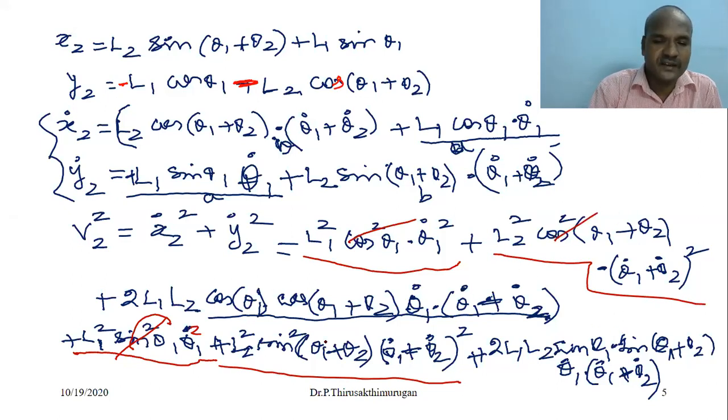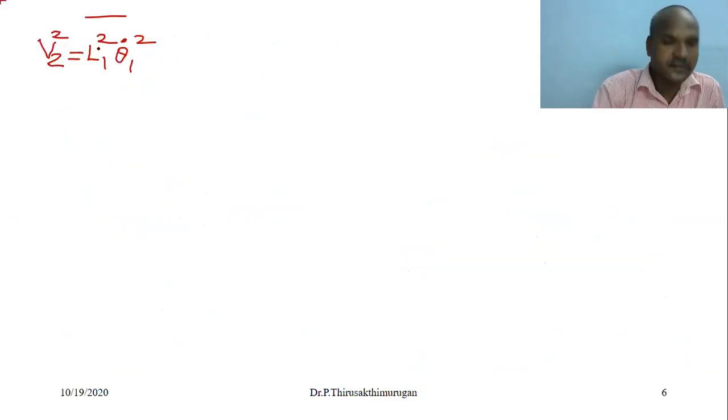So plus L2 square theta 1 dot plus theta 2 dot the whole square.